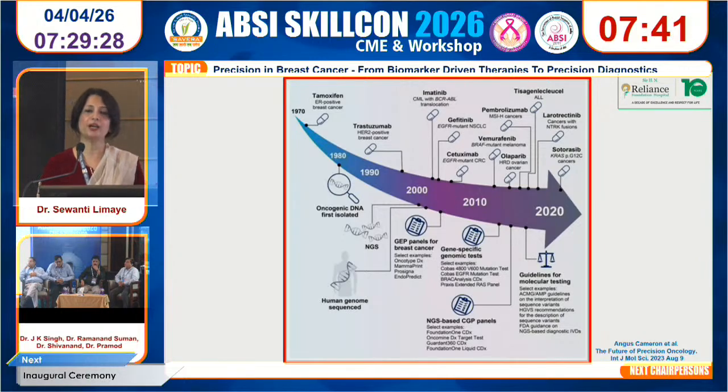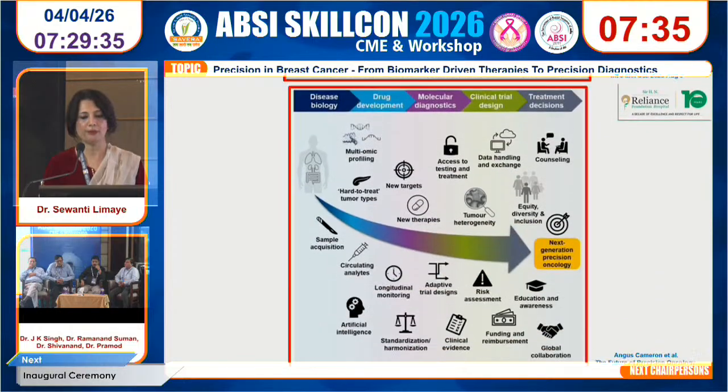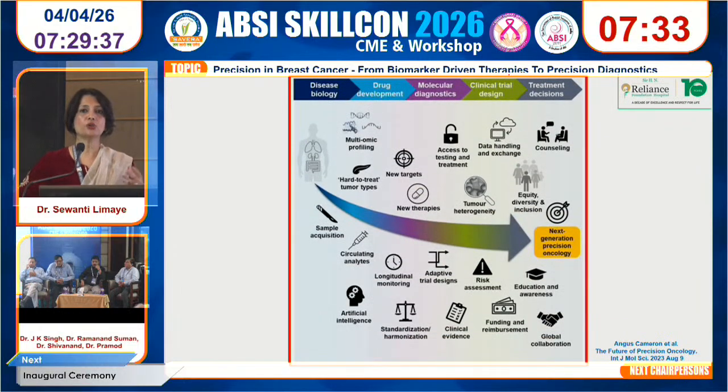We have to figure out the most cost-effective way of bringing these drugs into therapy for patients. There's also the role of AI coming in, putting the data of genomic analysis together in service of the patient.